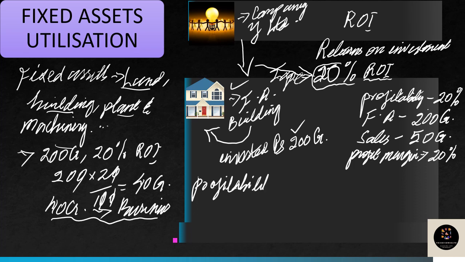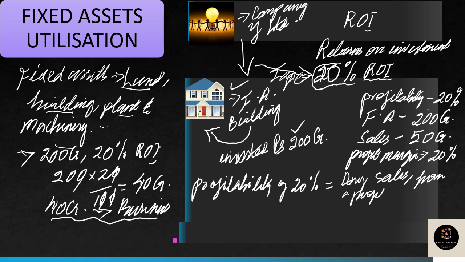Profitability of 20% means that from any sales they make, the profit they make must be 20%. That is profitability of 20%.